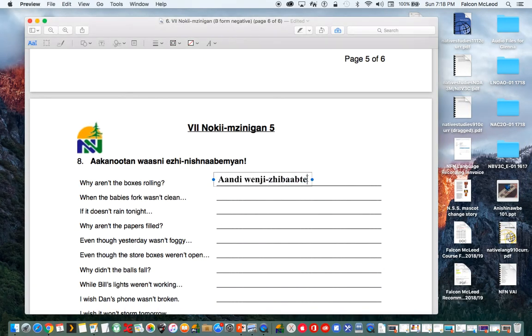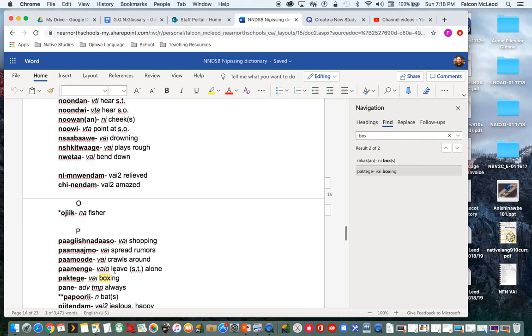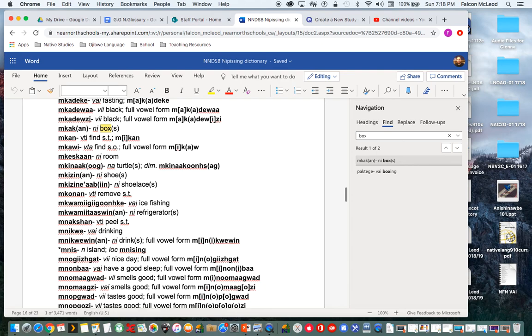So snug. And then we have our noun, which is boxes. So again, if you don't know that word, we can look it up here. Box. Right here. So kuk is a singular box, but we have that S in brackets, just like this an is our plural suffix.